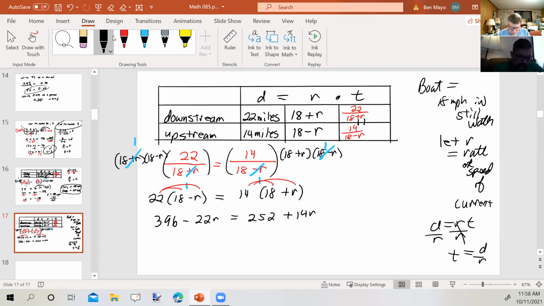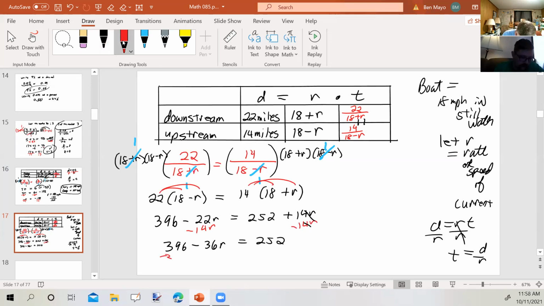I'm going to solve for R on the left side of the equation. So I'll subtract 14R from both sides. I get 396 minus 36R equals 252.